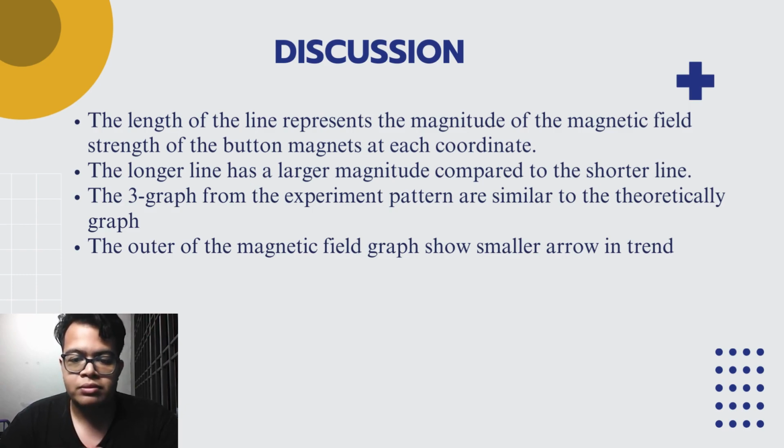Unfortunately, from this experiment, we can also see that in the lower part of the graph, the lengths of the arrows do not differ by much. Why is this so? This is probably an error because we conducted the experiment for the upper level and the lower level at a certain time interval.